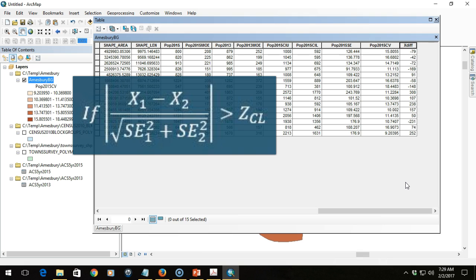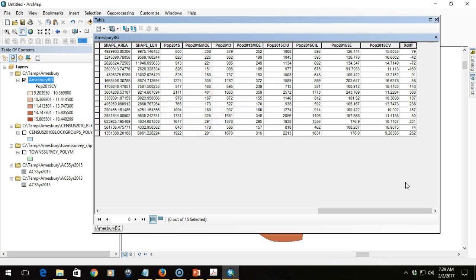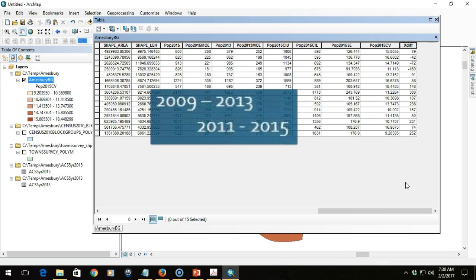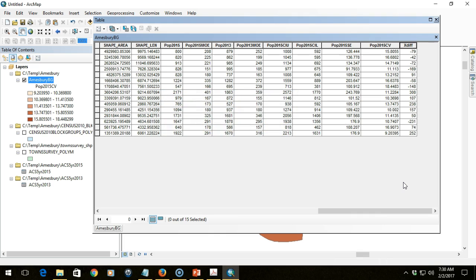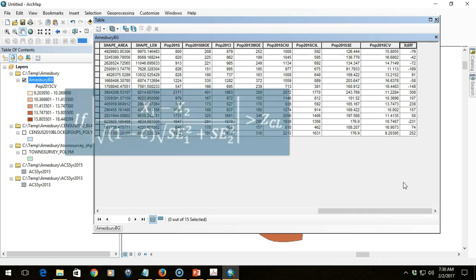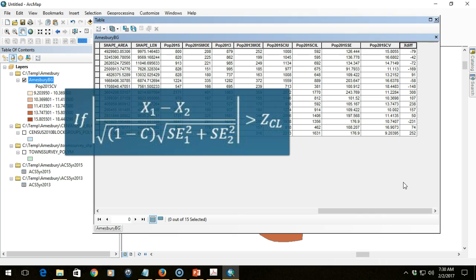But because we're making a comparison between two multi-year estimates that have overlapping sample years, there's a significant overlap of a few years. We need to account for that overlap by making an adjustment to the formula. In this case, we're going to insert the square root of 1 minus c and multiply it times the square root of the sum of the squares of the standard errors, and c is the ratio of the overlapping years.